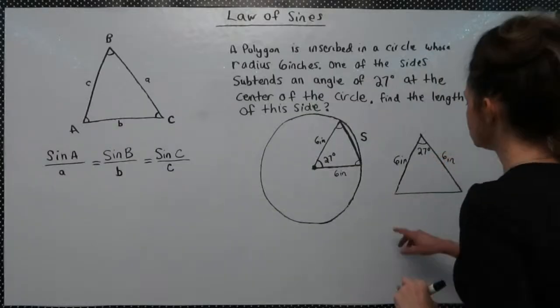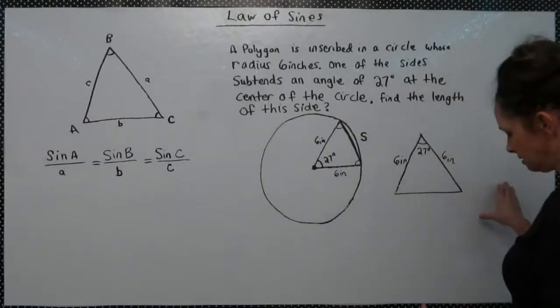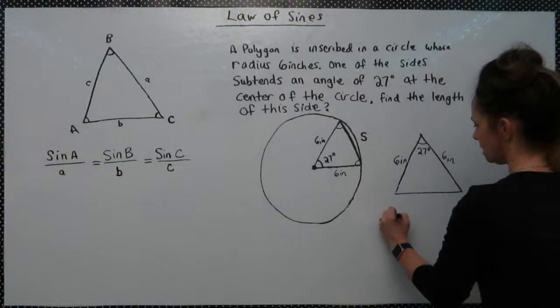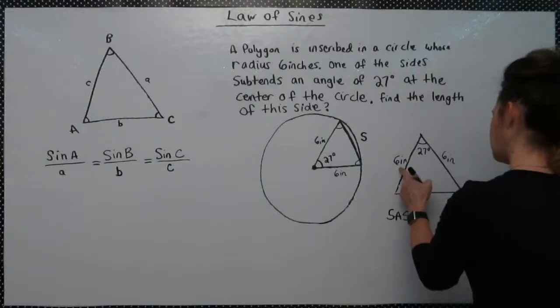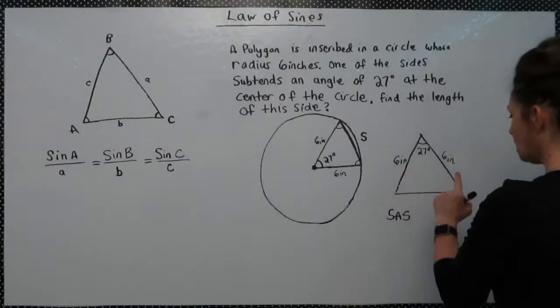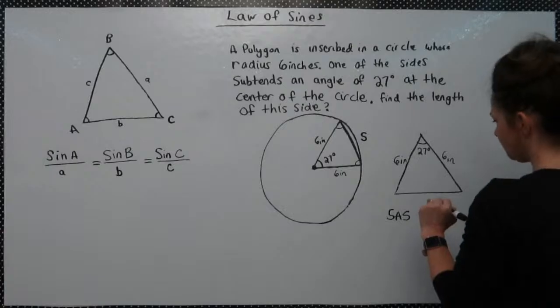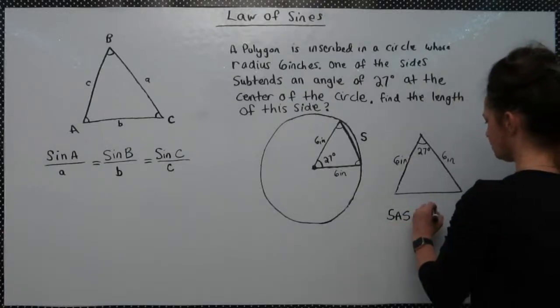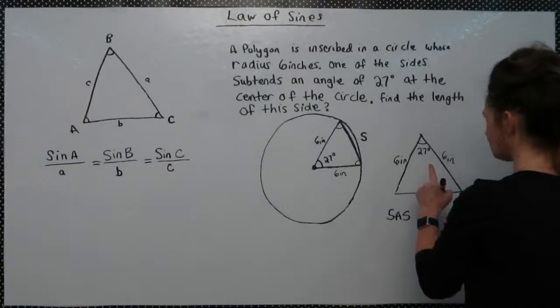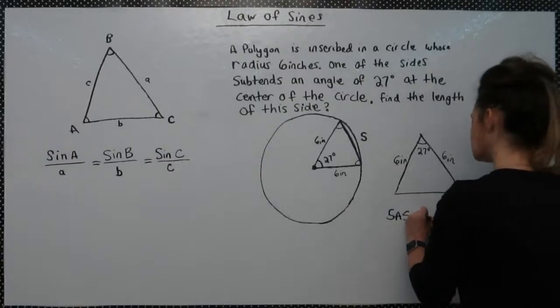Then this is side, angle, side, a congruency here. And if you have two sides that are equal, this is an isosceles.